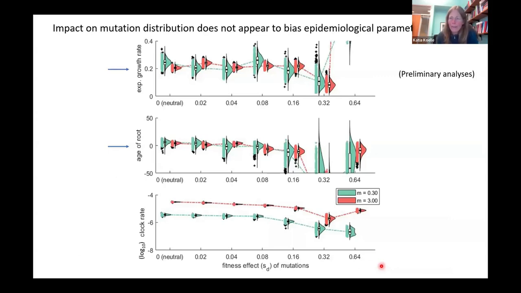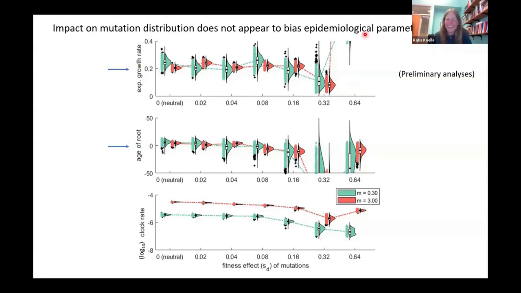However, then, reassuringly, when we use these trees that have that observed mutation distribution, and do phylogenetic inference based off of those simulated sequences, we can actually still recover the true exponential growth rate and the age of the root.